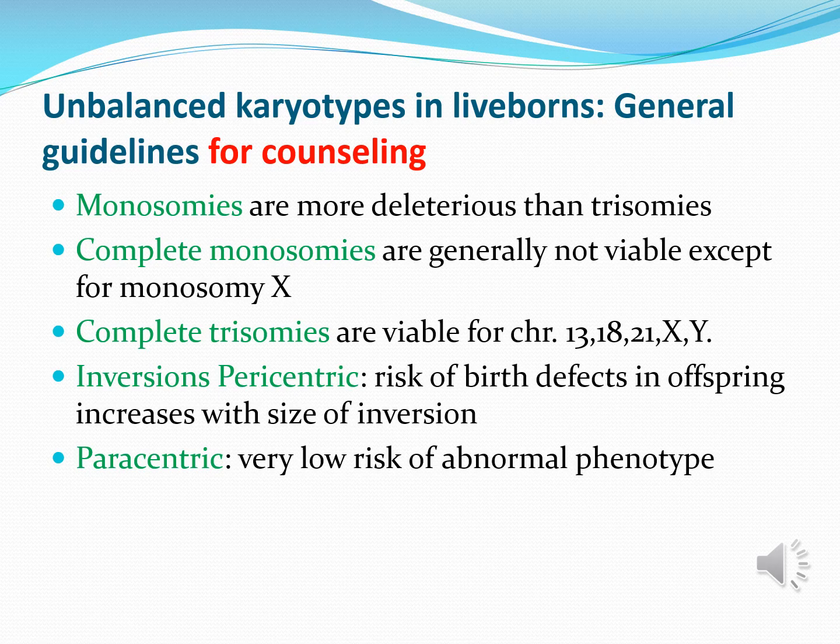Complete monosomies are generally not viable except for monosomy X. Complete trisomies are viable only for chromosomes 13, 18, 21, X, and Y. For inversions, pericentric inversions carry an increased risk of birth defects in offspring, and this risk increases with inversion size. Paracentric inversions carry a very low risk of abnormal phenotype because no unbalanced gametes are produced.